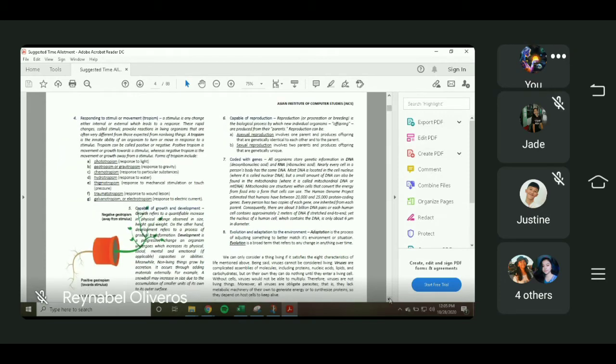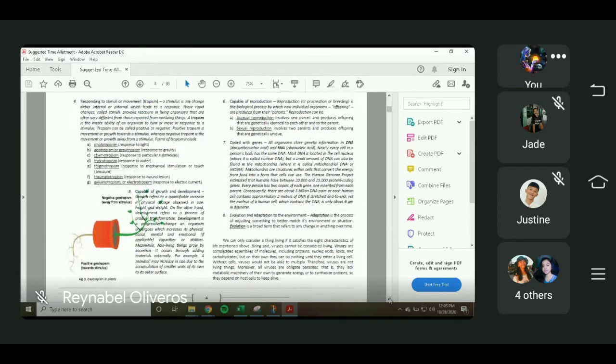Okay? Number 4, guys. Number 4 characteristic of a living organism or living thing is it has the ability to respond to stimuli or movement. 'Di ba? Ang tawag natin doon tropism. Yung kakayanan ng isang living organism para mag-respond sa stimulus sa paligid niya o sa movement sa paligid niya.